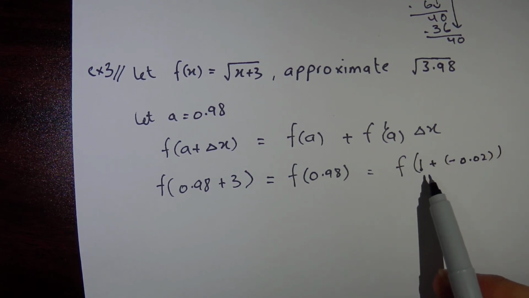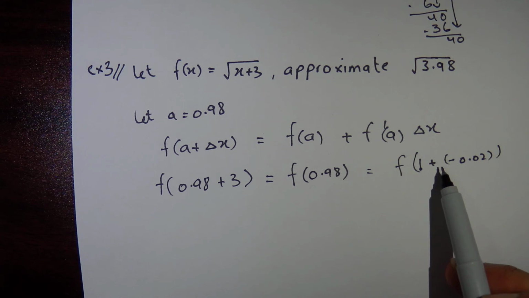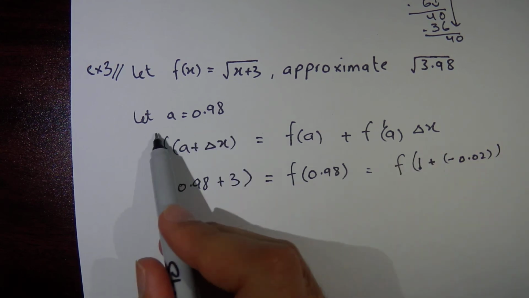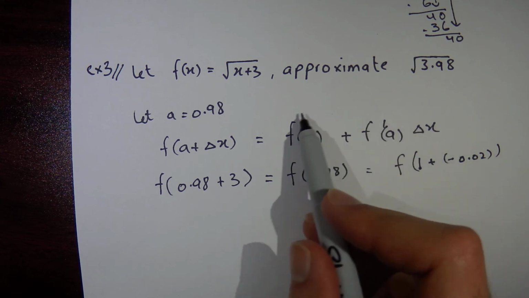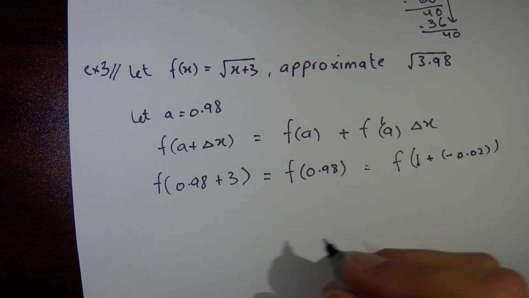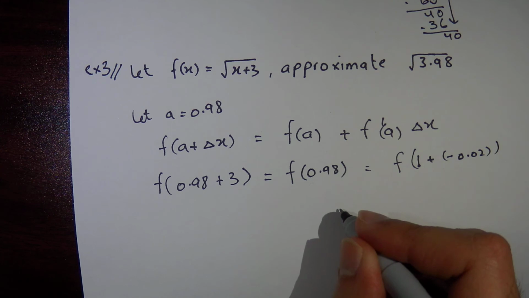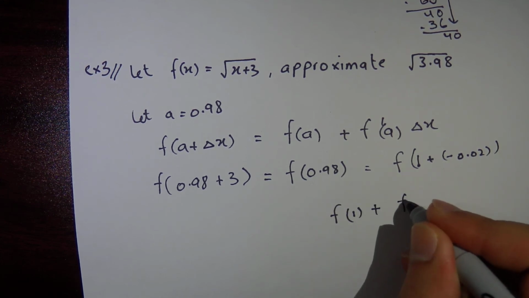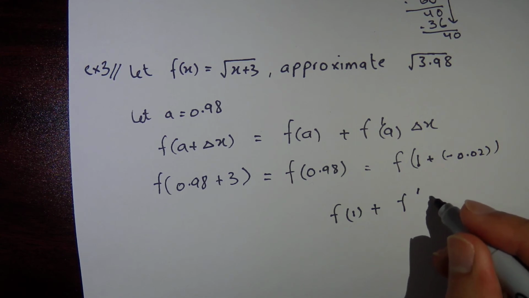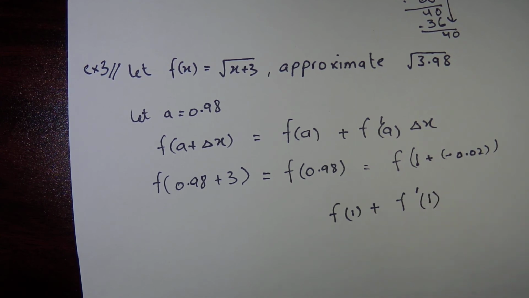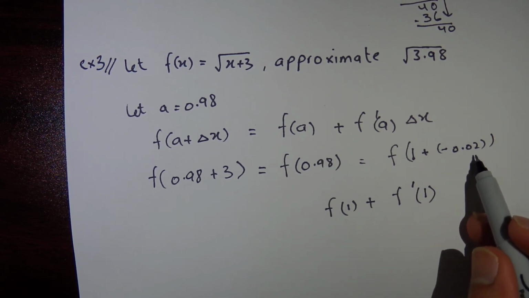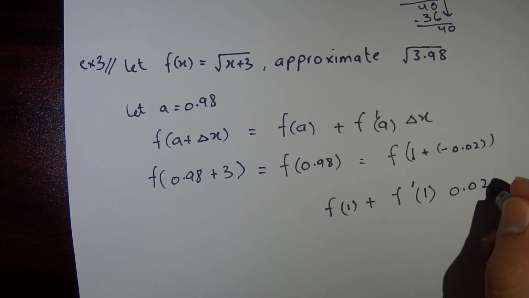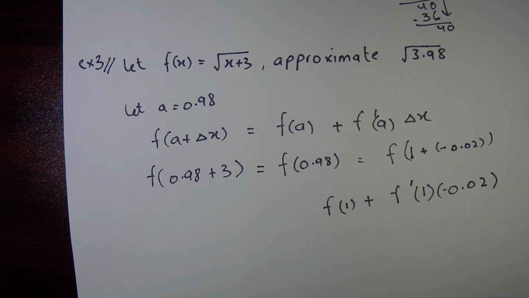We do know the exact value of f at 1, so we can use this, and then the right side of the equation will come correspondingly. So this will further become f at 1 plus f prime at 1 multiplied by delta x, which is the second part of our initial equation, 0.02. Of course, not to forget the negative sign.